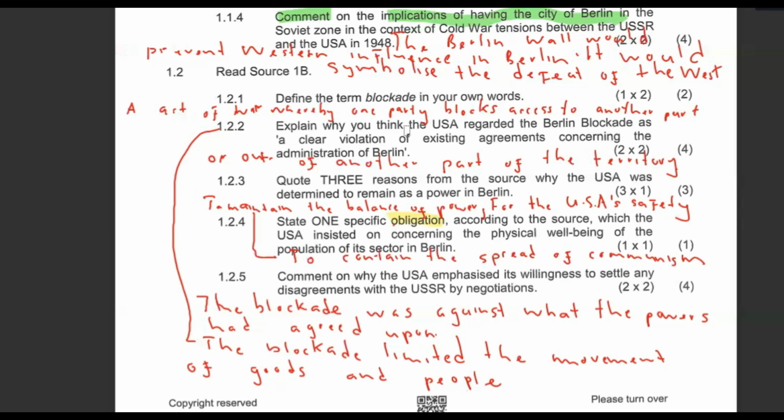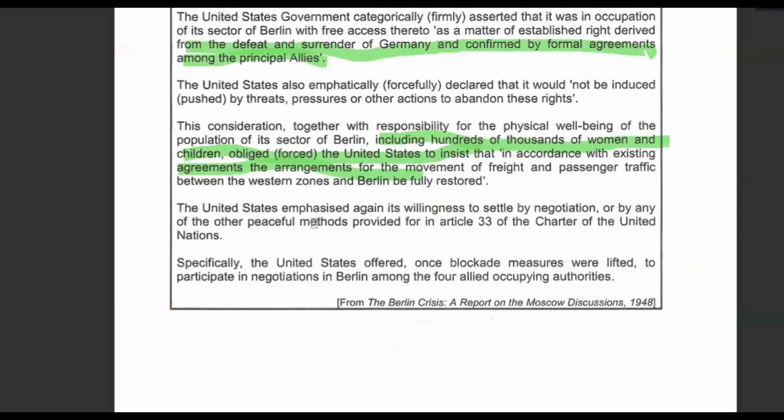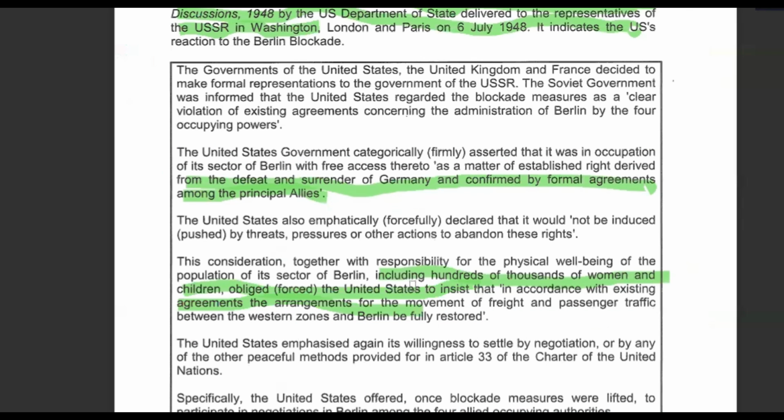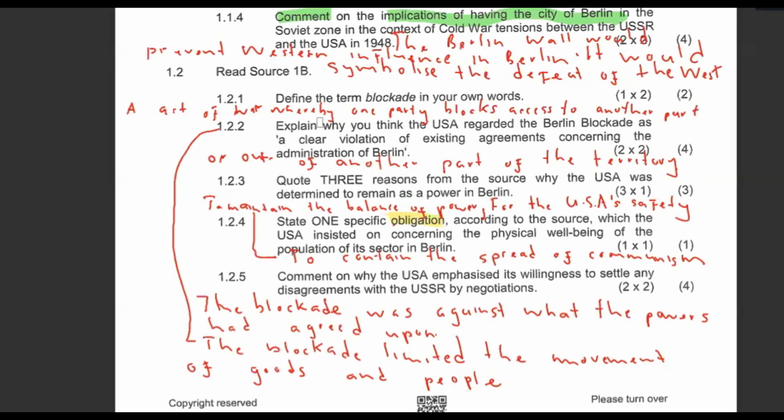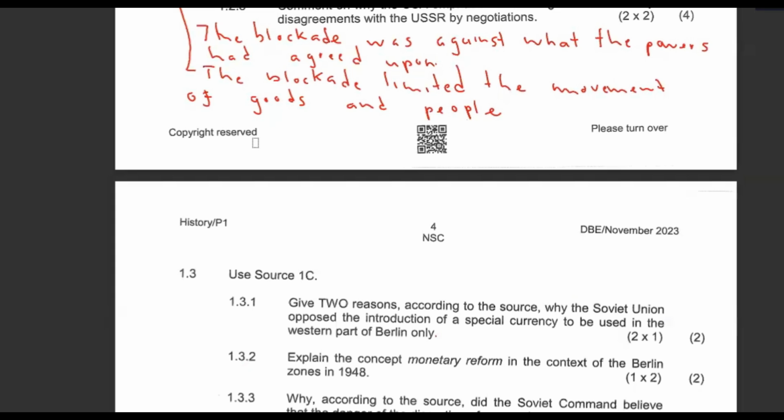So if we refer back to source B, paragraph number 4, you would find where it is written that including hundreds of thousands of children, it actually obliged the United States of America to insist that, in accordance with the existing agreements, the movement of freight and passenger traffic between the western zones and Berlin be fully restored. So one of the obligations of the United States of America was to maintain the flow of goods and services from one area to another.